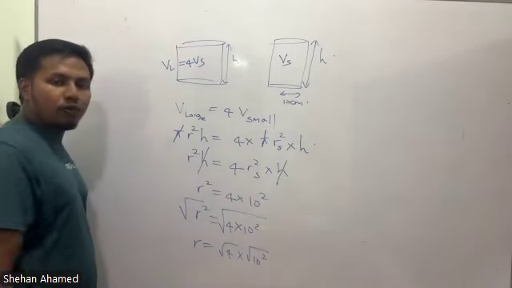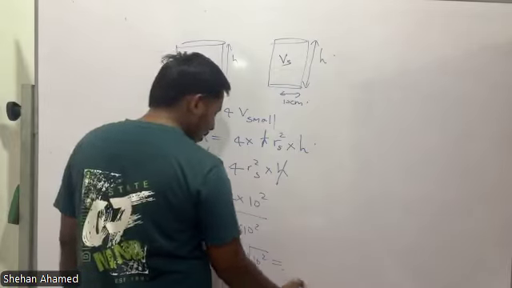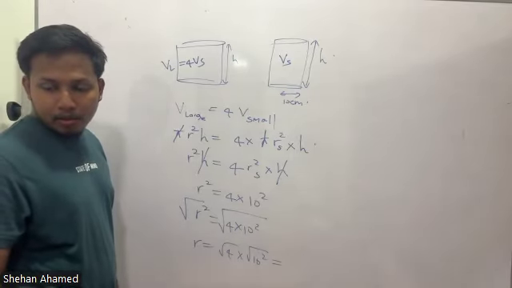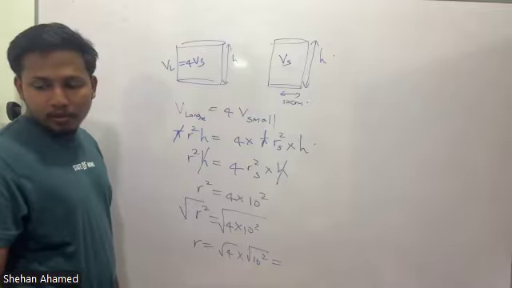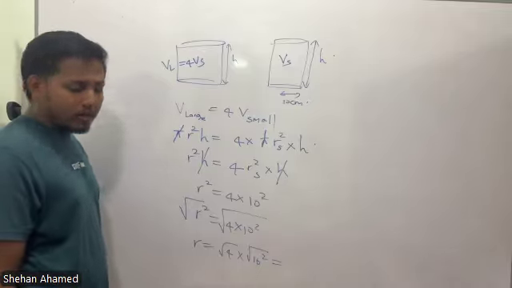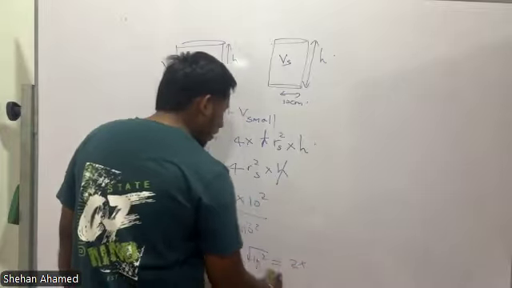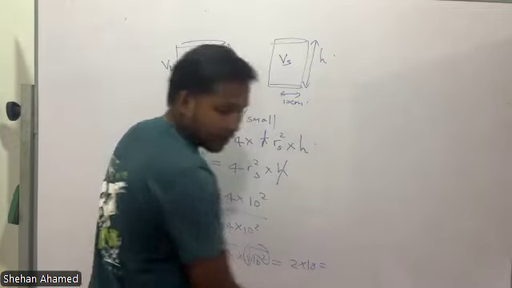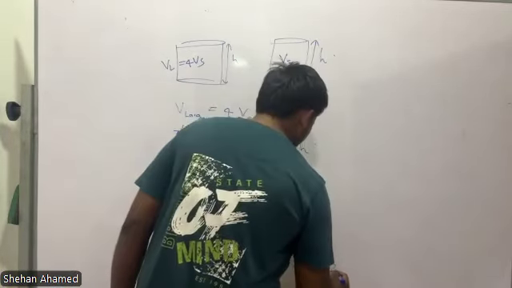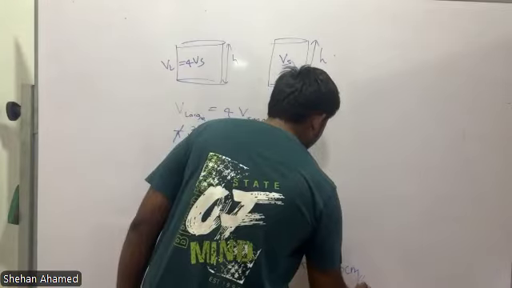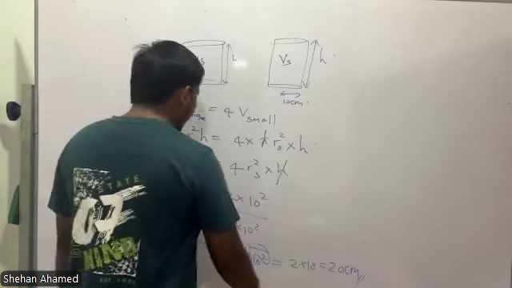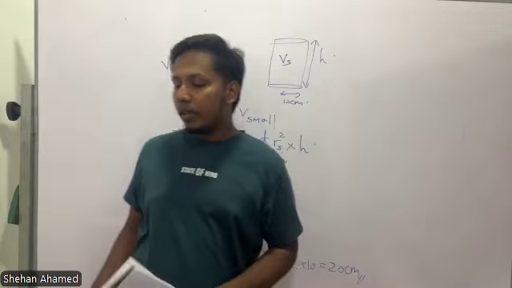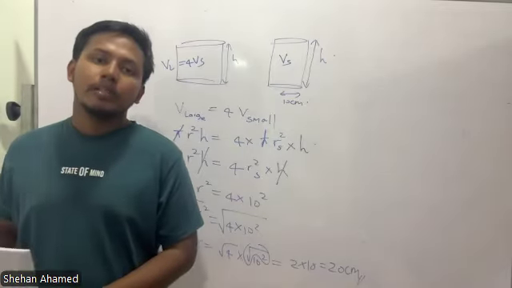What is the answer of root 4? Anyone? No one? Root 4 is 2. 2 multiplied by 10, the square and root cancel off, you end up with 10. So the final answer is 20 centimeters. The radius of the large cylinder is 20 centimeters.